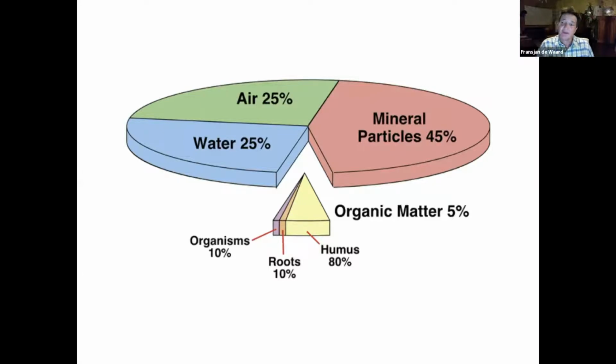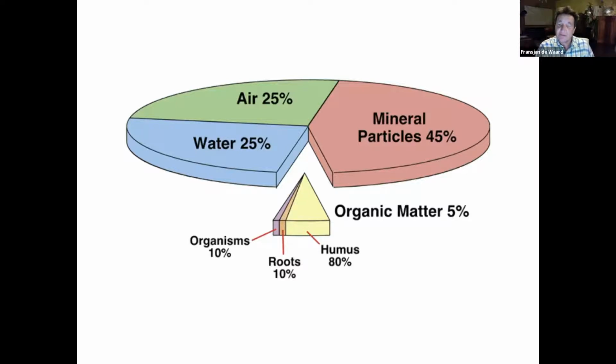But in a functioning, healthy soil, we also have roughly a quarter of air, because the soil life needs to breathe. And we have, of course, moisture. And I say moisture, which is maybe different from water, but moisture is a far more finely divided part of the soil.